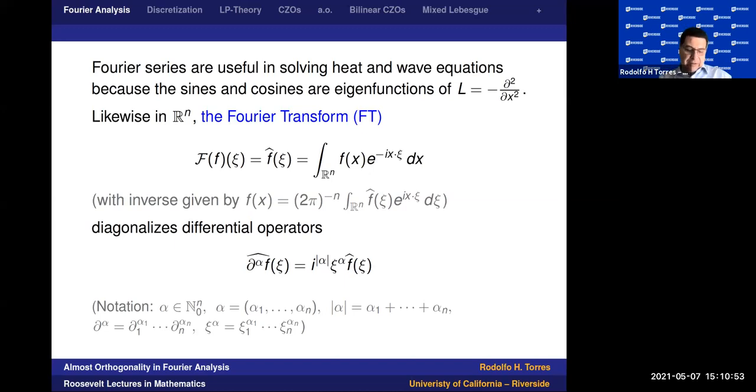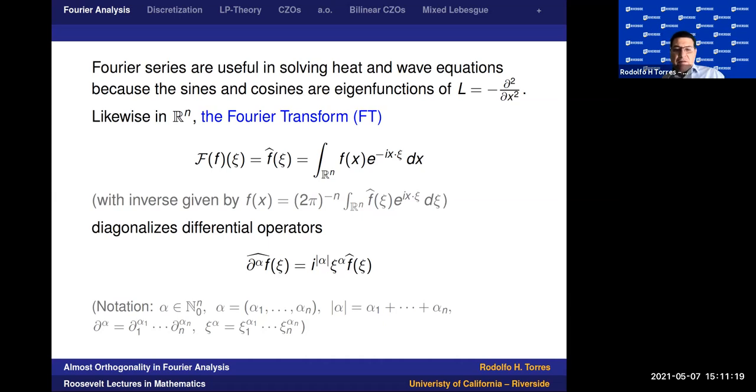So as I was saying, it transforms derivatives. If you take the derivative of a function and take the Fourier transform, it transforms that into a polynomial times the Fourier transform of the function. This is a crucial property of the Fourier transform, and something that we like a lot and use a lot, because it changes a very difficult analytic operation into something very algebraic, much easier to understand, right?